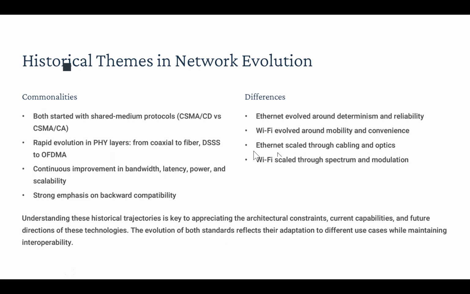Both technologies evolved rapidly at the physical layer, transitioning from basic coaxial and DSSS to sophisticated technology like fiber optics and MIMO or channel bonding. Each generation gave us improvements in bandwidth, latency, power efficiency, and scalability, so it addressed the growing demands of modern networking.